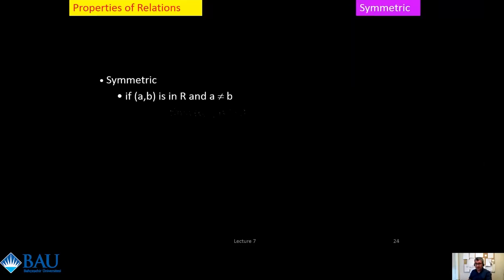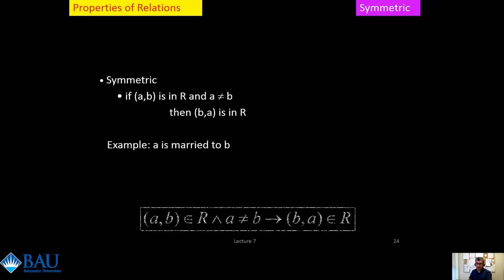Symmetric. If we have AB and also BA, for example, A is married to B, we can say that B is married to A as well. We have a both-direction arrow. That's symmetric.